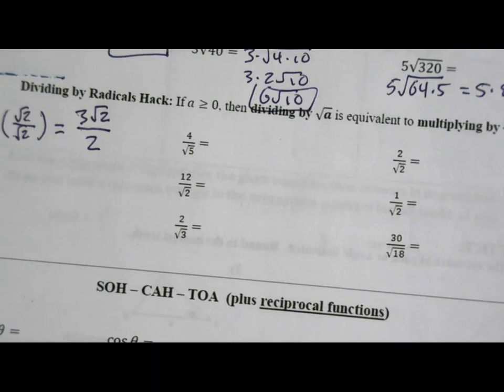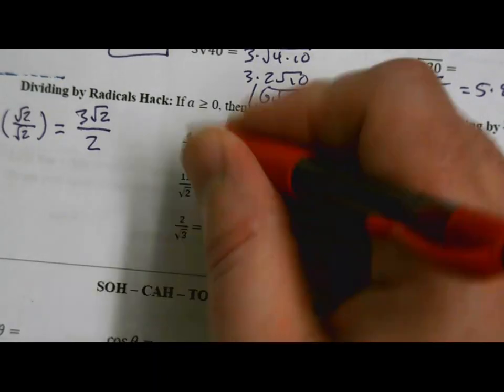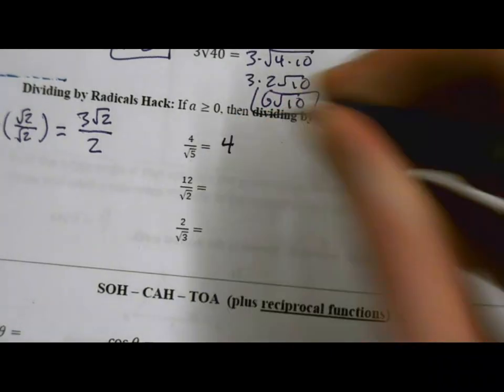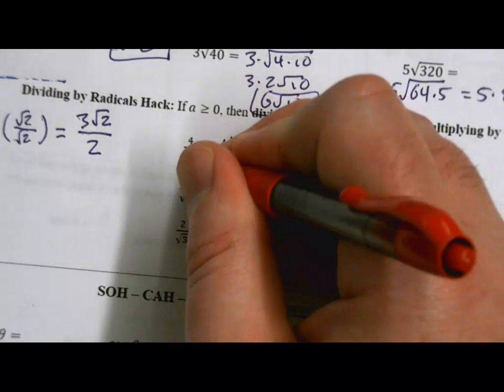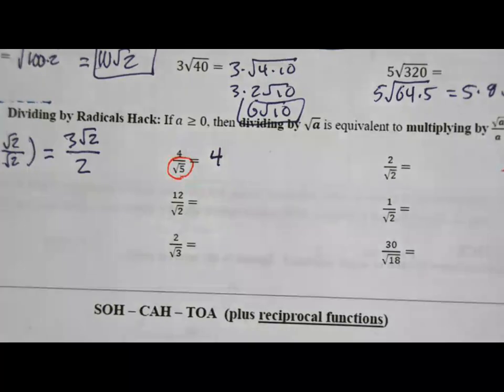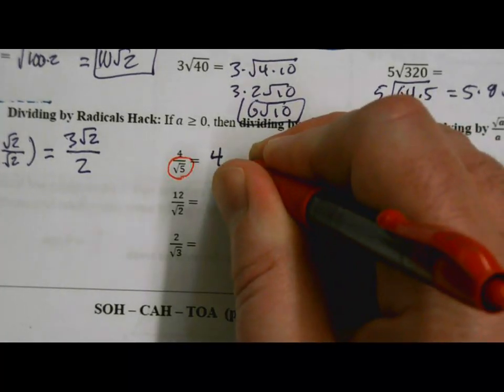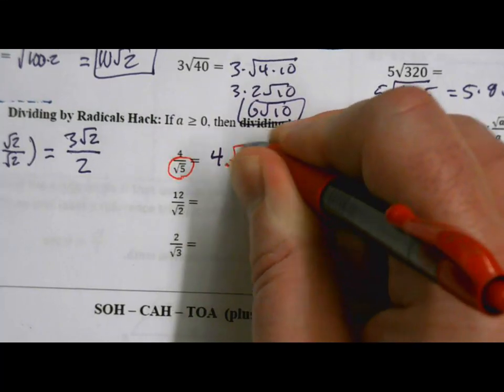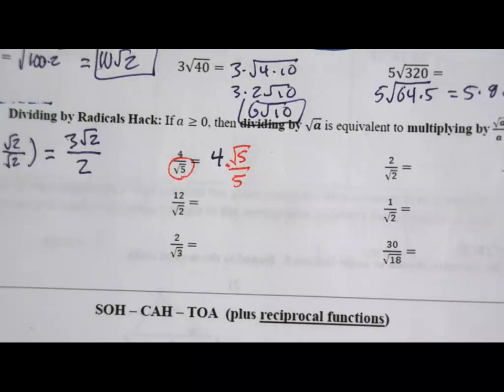So let me show you how I think through this. So when I see 4, I'm going to copy this 4 over here. When I see 4 divided by root 5, I think to myself, that would be way easier to do if instead of dividing by root 5, I just multiplied it times root 5 over 5. 4 divided by root 5 is the same as 4 times root 5 over 5.